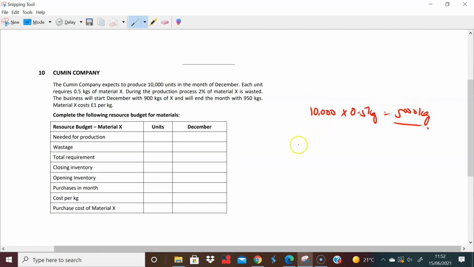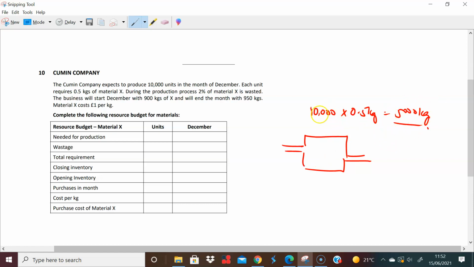But we know that when you put things into a production process, you will have some wastage. The question says that during the production process, 2% of the material is wasted. So I can't be putting in just 5,000 kilograms.